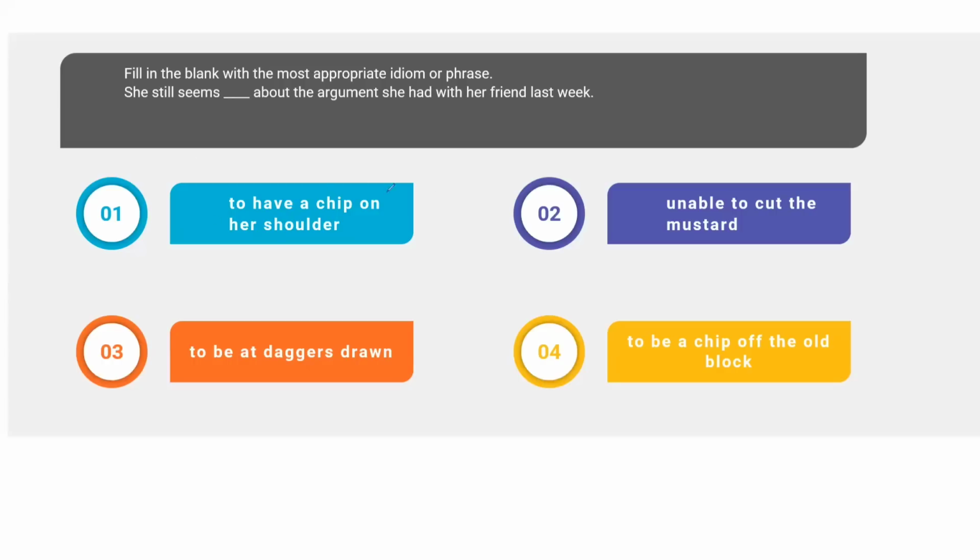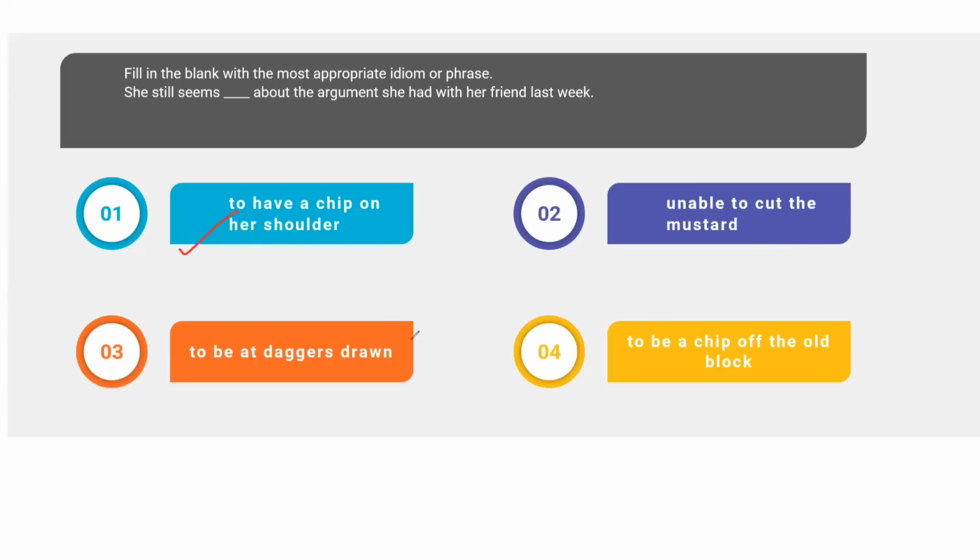So the answer is to have a chip on her shoulder, which means to still be pondering on the same thing, to still be angry about the same thing. However, the meanings of the other three are totally irrelevant to it. Unable to cut the mustard is being unable to achieve something.